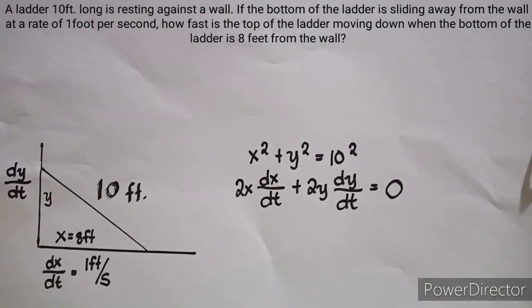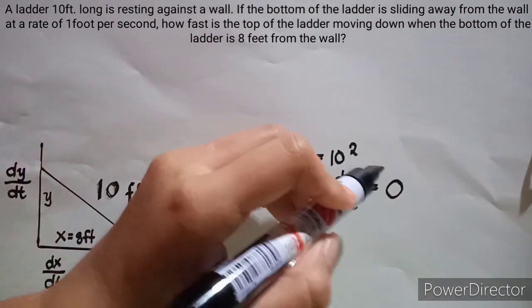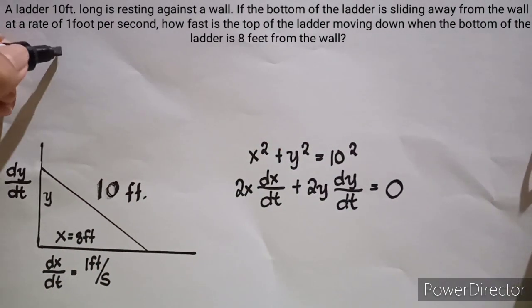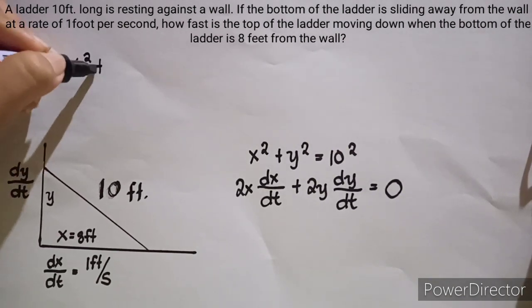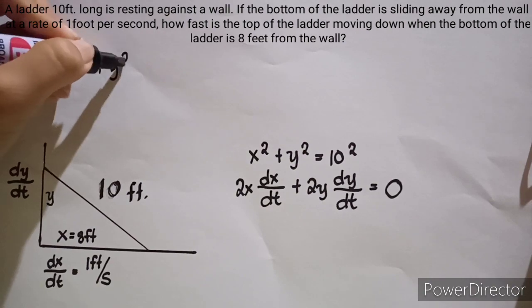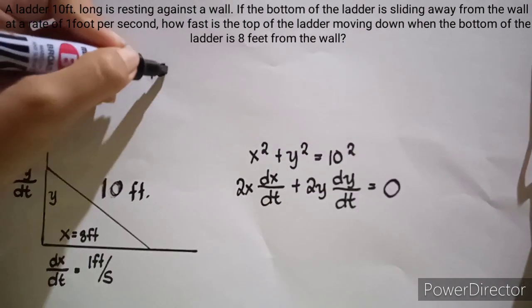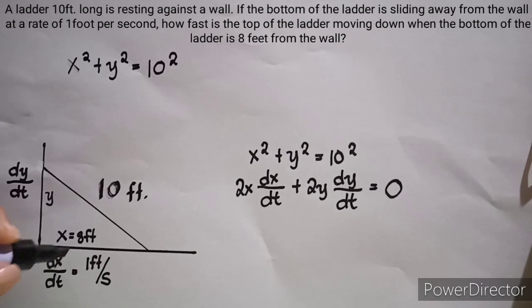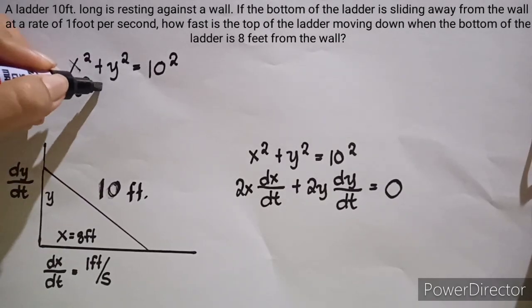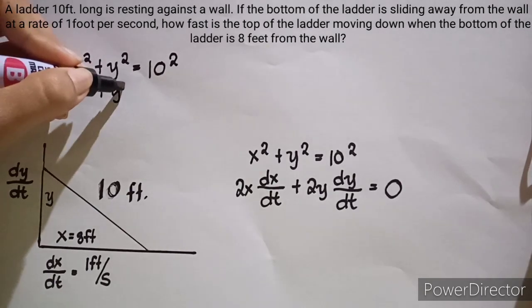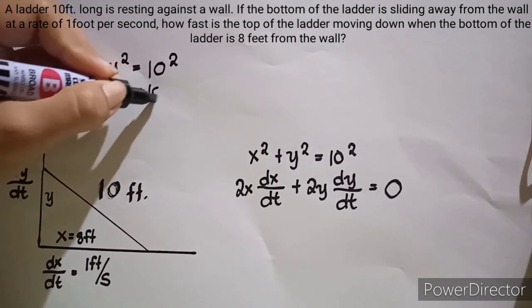Since we don't have the value of y, let us solve for the value of y. We can solve the value of y using this equation, the Pythagorean theorem. Say x squared plus y squared is equal to 10 squared. Let's substitute the value of x. 8 squared plus y squared is equal to 10 squared.